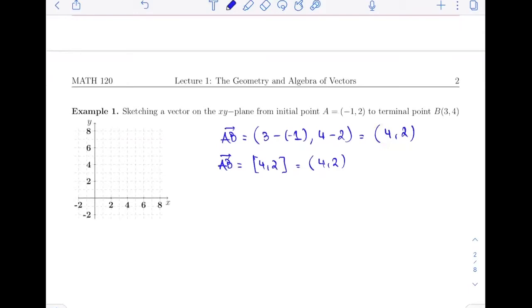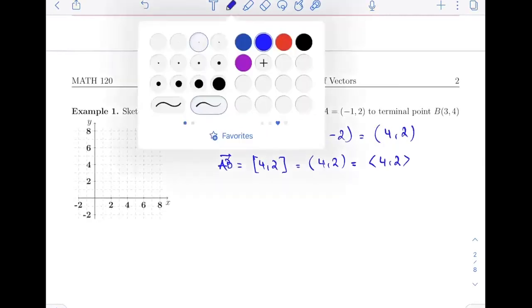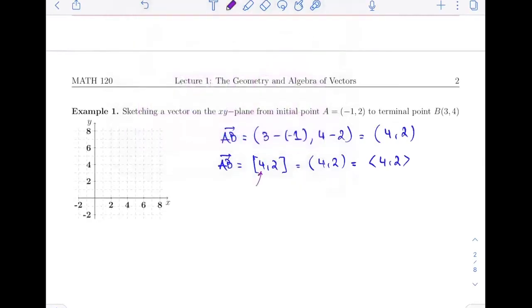It's very similar to the concept of a point. When you write a point, you use parentheses, or you can use these notations to indicate the vector as well. The vector (4, 2) indicates that the first component is equal to 4 and the second component is equal to 2. Let me make a quick note here. This is the first component.